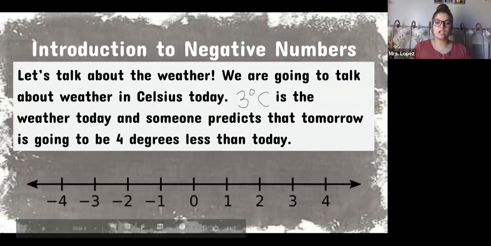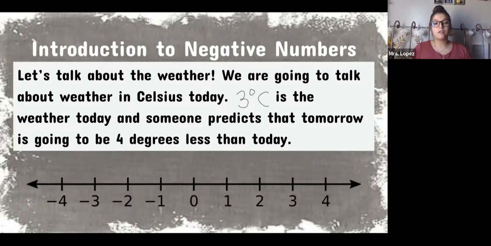So, introduction to negative numbers. Let's talk about the weather today, in Celsius. We have 3 degrees Celsius. This is the weather today, and someone predicts that tomorrow the weather is going to be 4 degrees less than it was today.